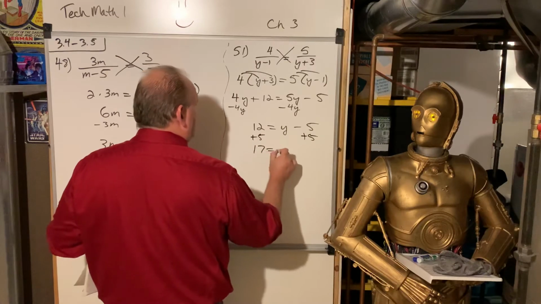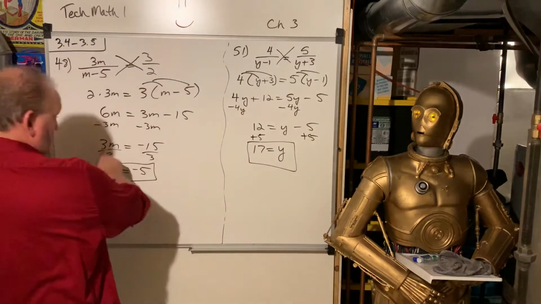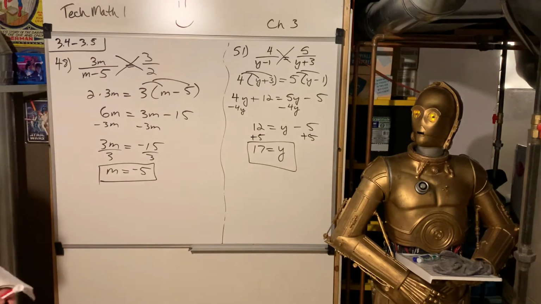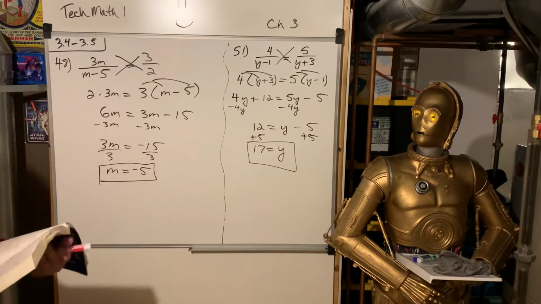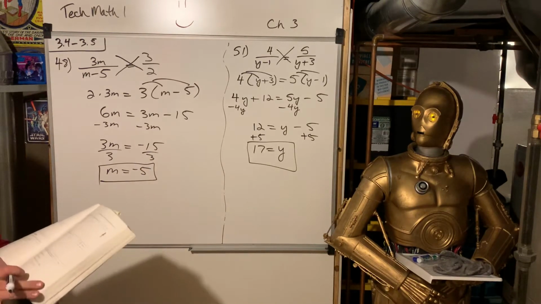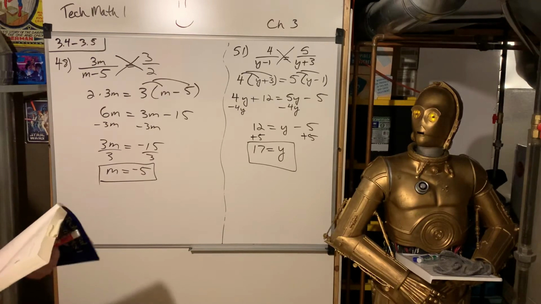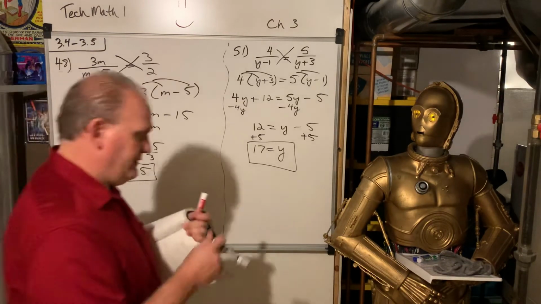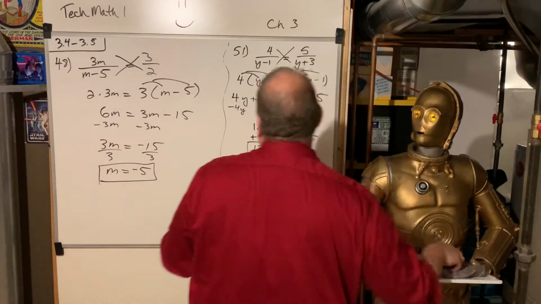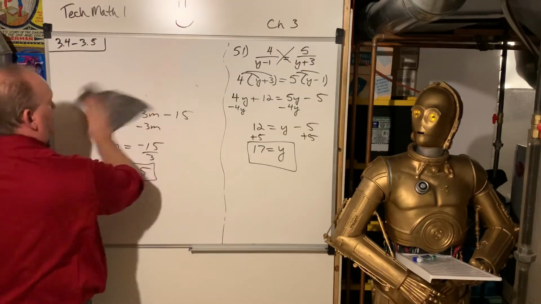So we get 17 is equal to y, and then we don't have to do the division thing that we had to do there when there was a 3, right? Because it was just 1y. So y is equal to 17. That's it. All right, let's look at 3, 5 others with fractions and stuff. We'll take each one.